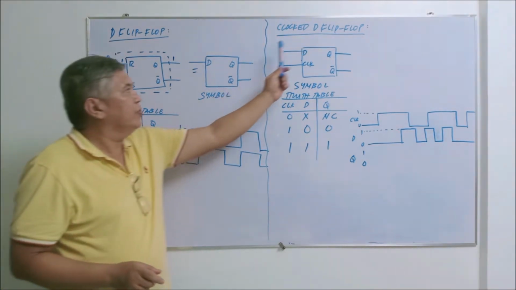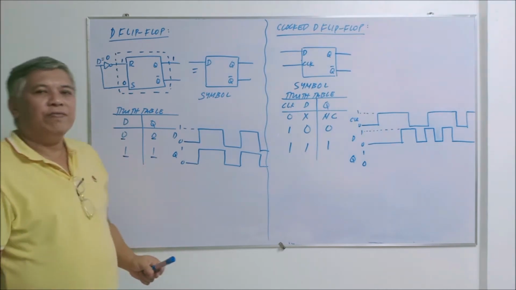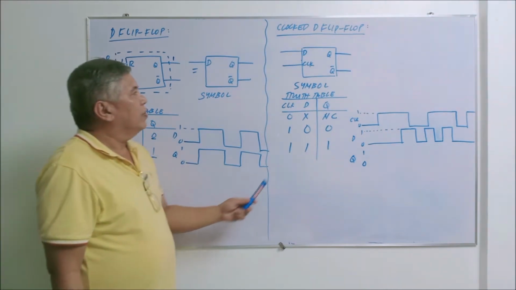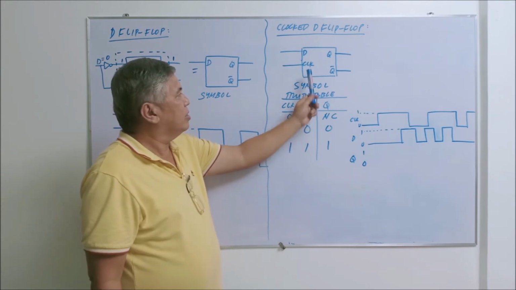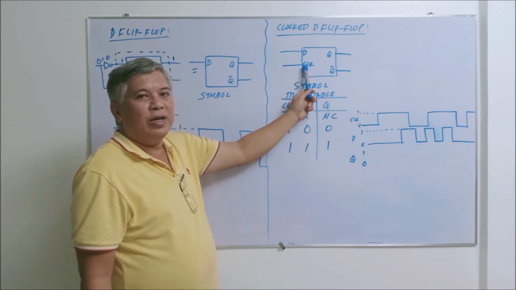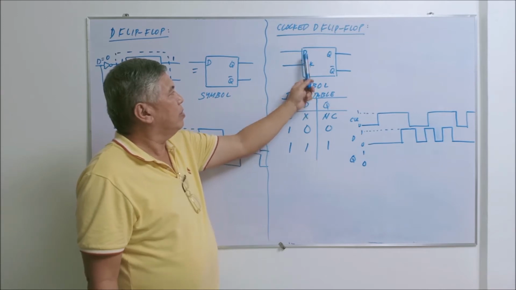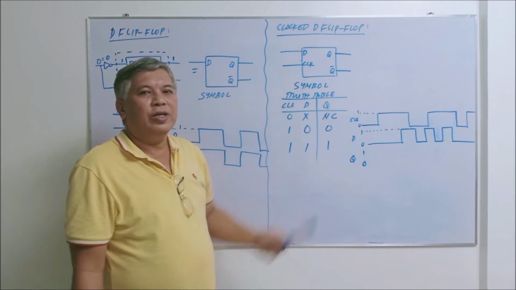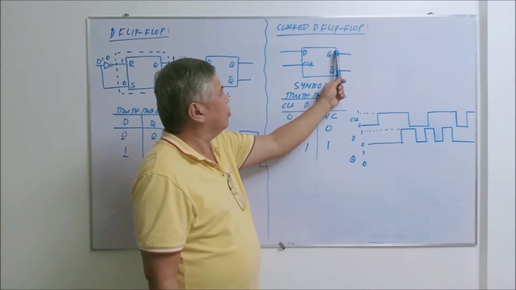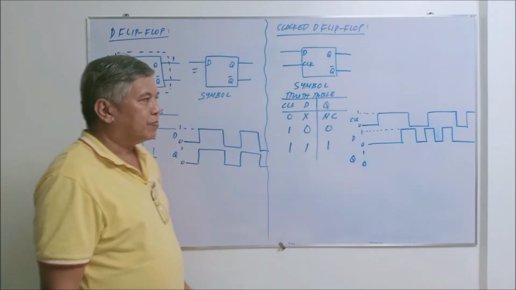So we go now to the clocked D flip-flop. This time, we have an input D and a clock as the controlling system of your D flip-flop. No? So your clock controls your D flip-flop. We have outputs Q and Q bar. Okay?